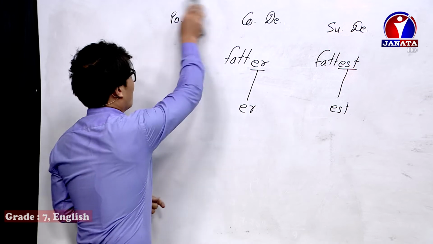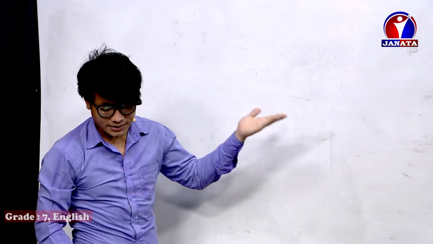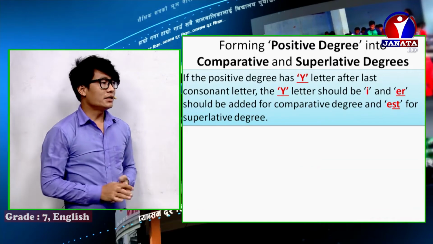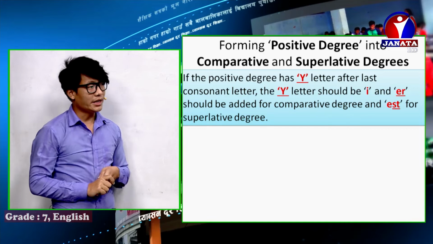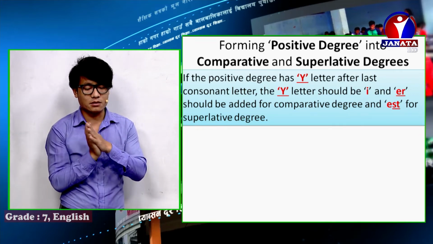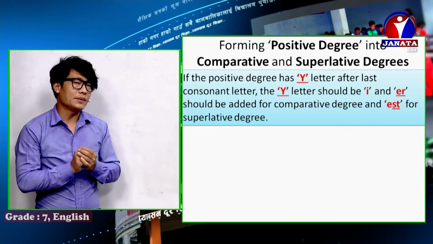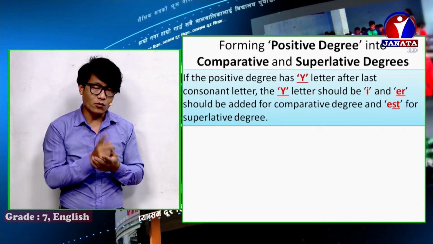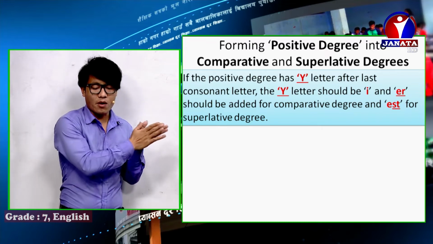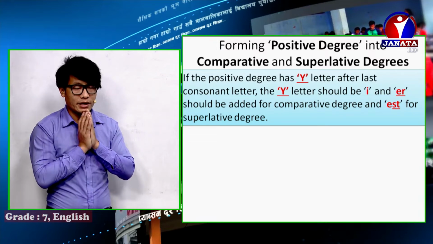Okay, there is another rule also. Let me show you that rule too. So look at the slide. If the positive degree has a Y letter after the last consonant letter, the Y letter should be changed to I, and ER should be added for comparative degree and EST for superlative degree.